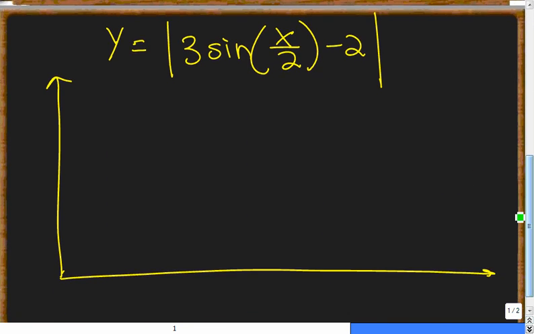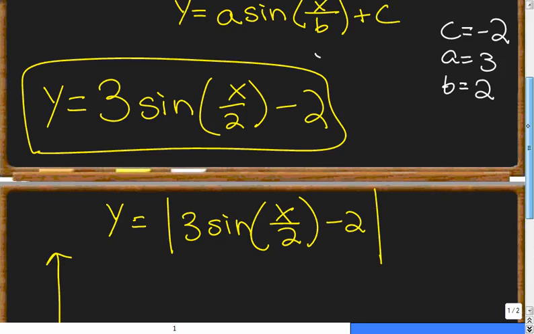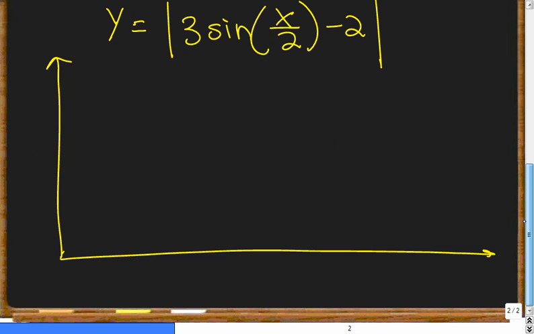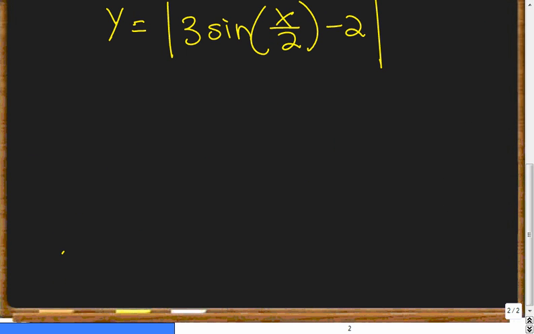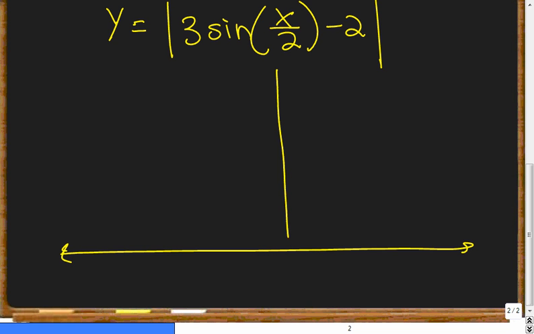So let me go back down here. Where did they want me to graph it? This is from negative 2 pi to 2 pi, so this is a mistake. Excuse me. So we've got 0, we've got negative 2 pi, we've got 2 pi.